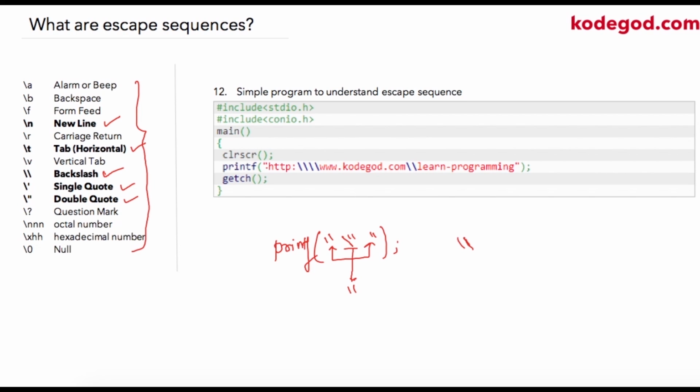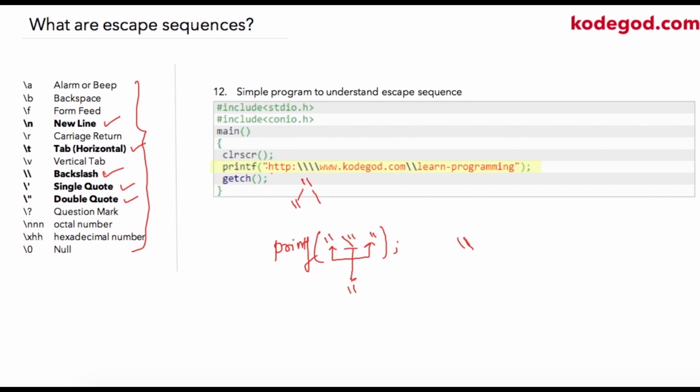This is a basic program wherein we are going to print URL for kodegod.com. Okay, so actual URL is http://www.kodegod.com/learn programming. So what compiler will do, because we want to print double slash, we'll have to add double slash as escape sequence for printing single slash.